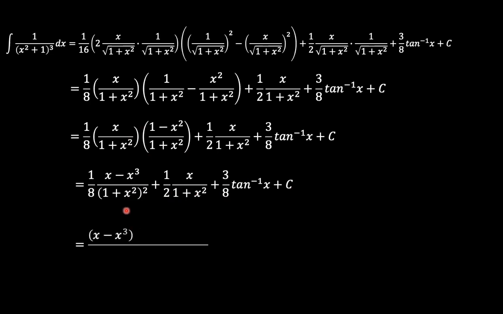So here, the common denominator will become 8 times (1 plus x squared) squared. And so this becomes (x minus x cubed) plus, this denominator divided by this becomes 4, so 4 times 1 plus x squared. So the numerator here becomes 4x times (1 plus x squared). This remaining part remains as it is.